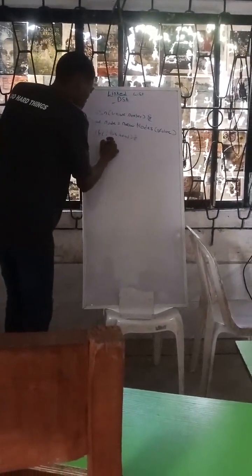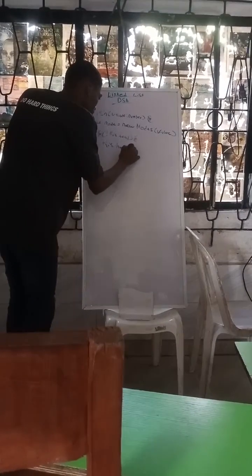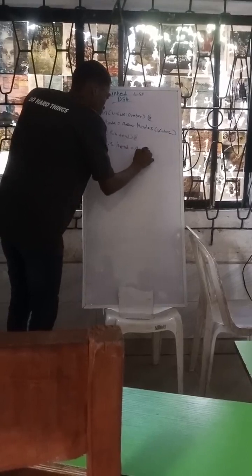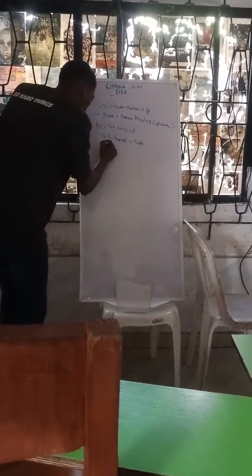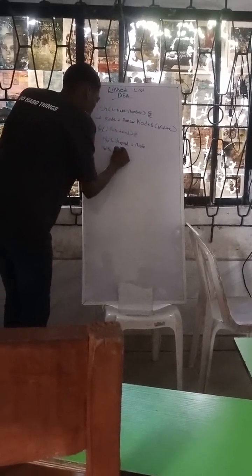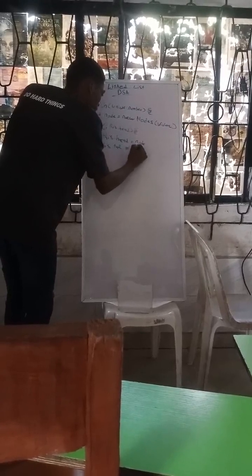So we should have this.head equal to node, which is the node we created here, and this.tail should be equal to this.head.